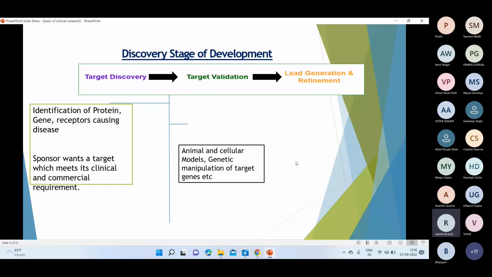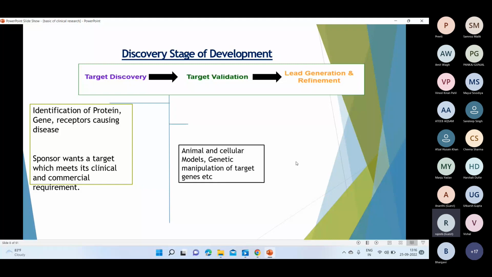Initially we need to understand the different reasons causing that disease. So we will identify the proteins, genes, or receptors responsible for it. Sponsor companies or pharmaceutical companies want to target what meets their clinical and commercial requirement. It's a big subject. They will invest in diseases related to the masses.